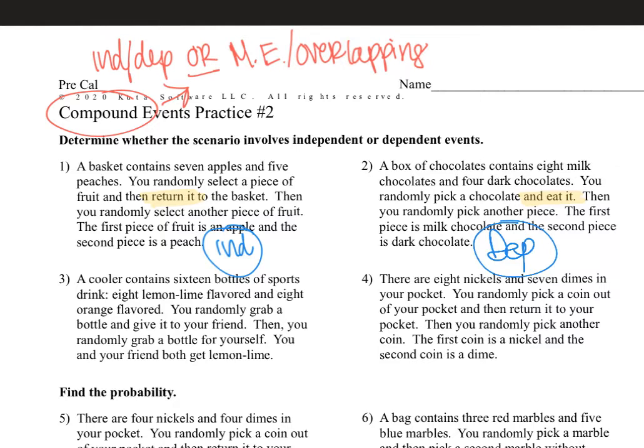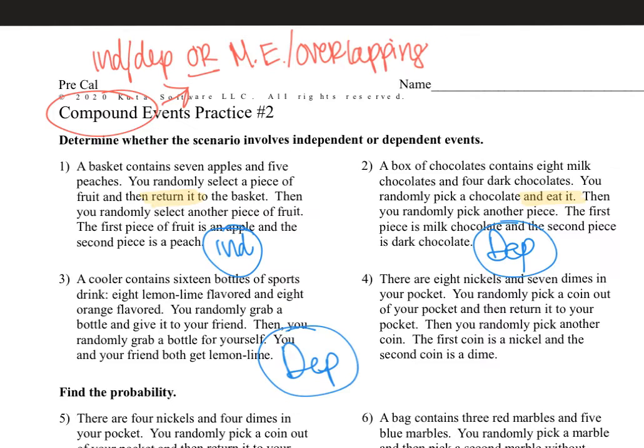Let's say my friend started drinking it already. I didn't put it back in there, okay? Nowhere in this problem did I say I put it back, okay? So you're going to assume that he started drinking it because it said he didn't give it back. He just gave it to his friend, okay? So it's gone from the pile. So I'm going to assume that this one is dependent because it is depending on what I chose first, okay?